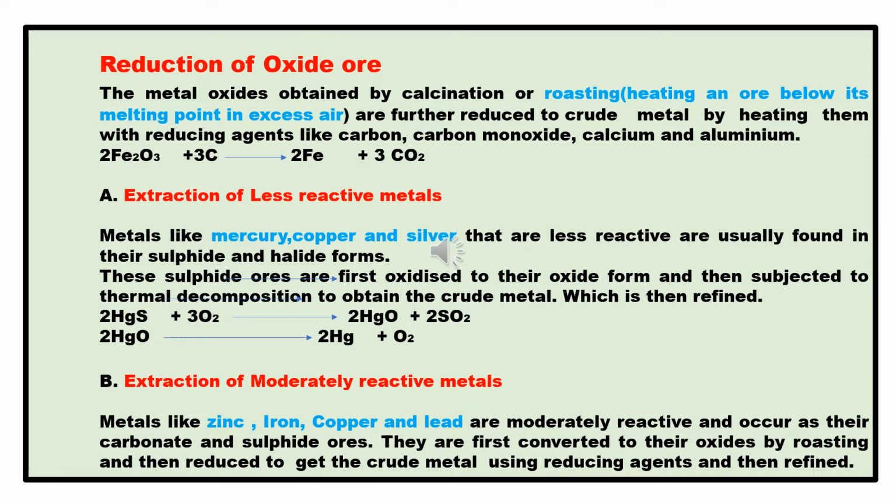Then only can we completely remove the oxygen from it. If we just heat it, the entire oxygen will not be removed. Understood, children? So different metals need different methods for their extraction.